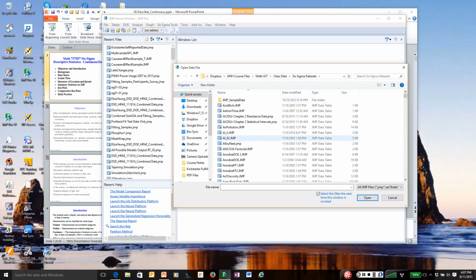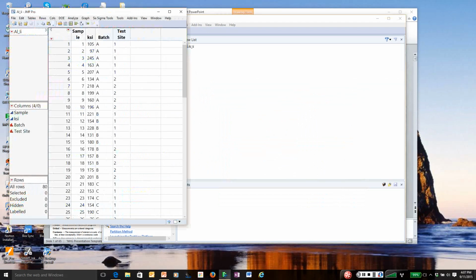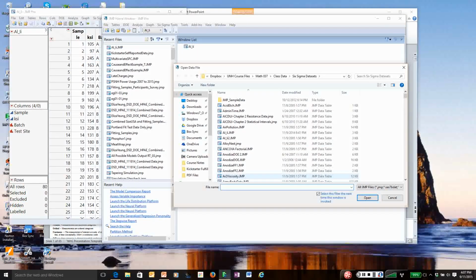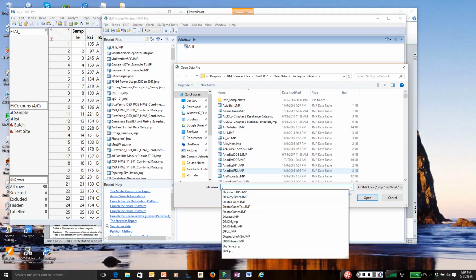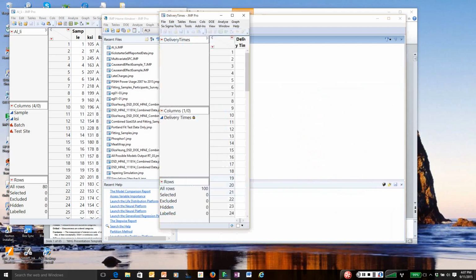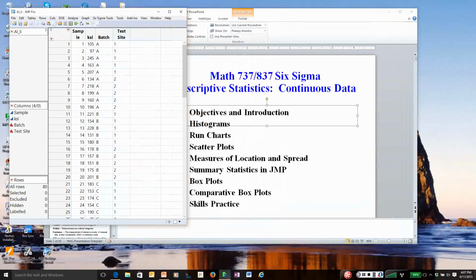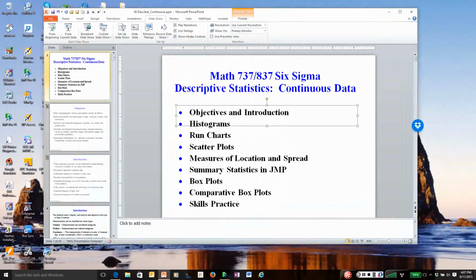And I'll open a couple of files that we're going to actually use just to speed things up a little bit. Okay, so let me go on to slideshow.